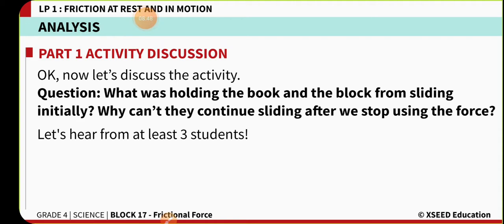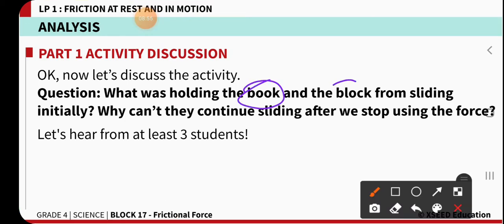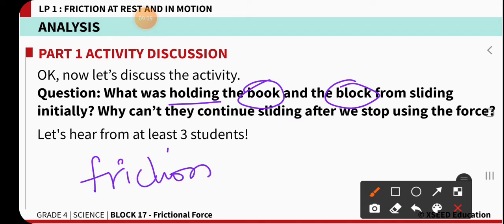Yes, what was holding the book and the block from sliding initially? In our activity we had seen a book and a block. What was holding them from sliding initially? It is the frictional force that is holding them.